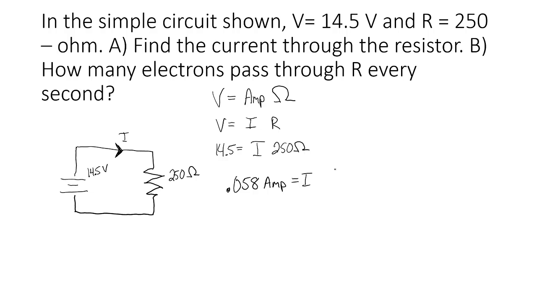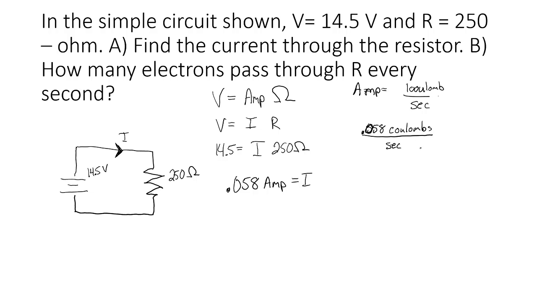And then we're going to take our current to find out how many electrons. Well, an amp is equal to a coulomb per second. So we could say that we have 0.058 coulombs going past every second.